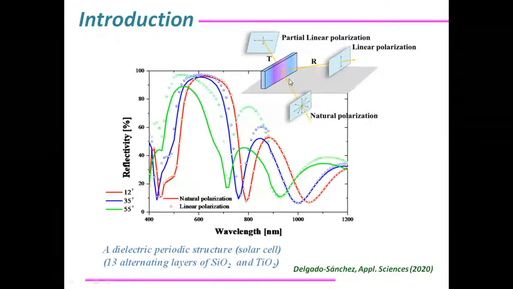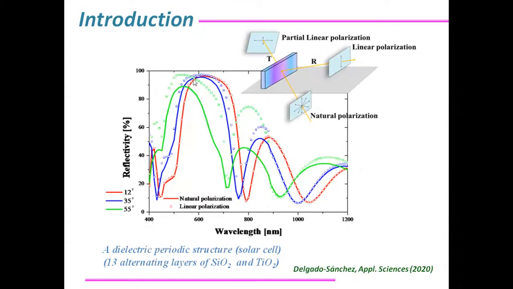This is, for example, the OR mirror. We have our incident light for natural polarization or whatever. We have our reflected beam and our transmitted beam. So here we have the reflectance versus the wavelength in the visible, and also here for the infrared, and for different polarizations and angles of incidence. Here we have what we call the reflectance bandwidth. We have near 100% or 1 reflectivity.